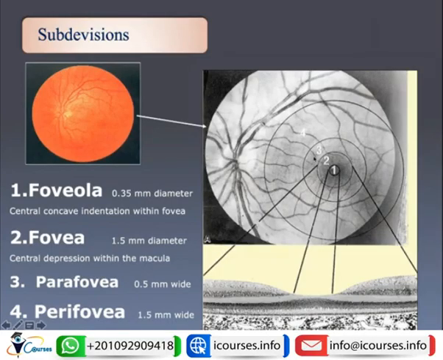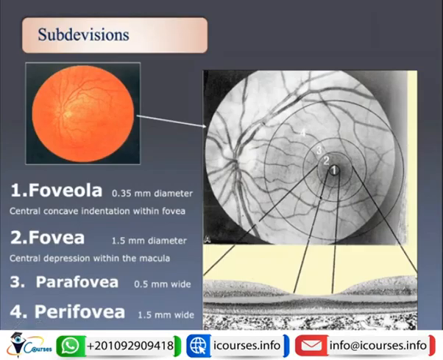Around the fovea in zone 3, it is called the parafovea. So the parafovea is a 0.5 millimeter wide area that encircles the fovea, while the perifovea is about 1.5 millimeter wide area that encircles the parafovea.